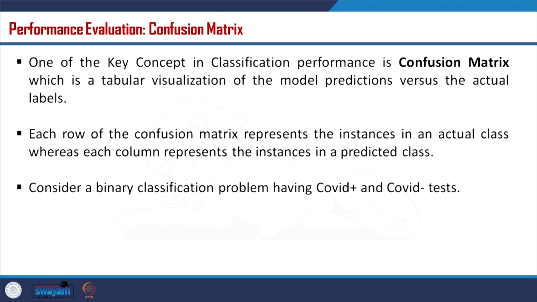What will we do? We have labeled data. We will split that labeled data, which we have from past records or which is given to us, into two parts. One part we will use for training the classifier, whereas the other part we will use to evaluate the performance.